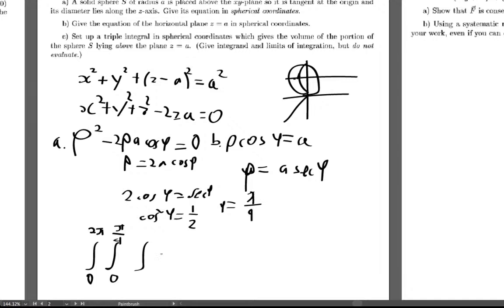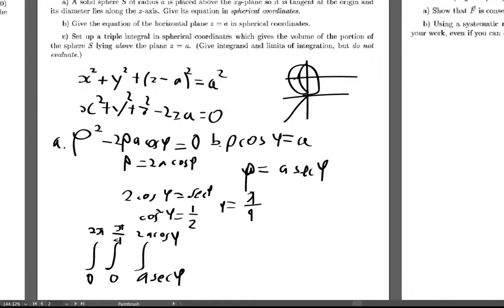But we can plot it in, and we know that the plane is going to be below this sphere because from the text we got that information. So you could write this as a secant psi, and at the top there would be 2a cosine psi, and that's the answer. Good.